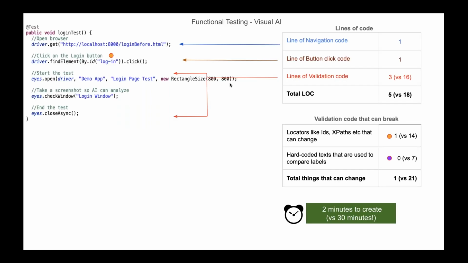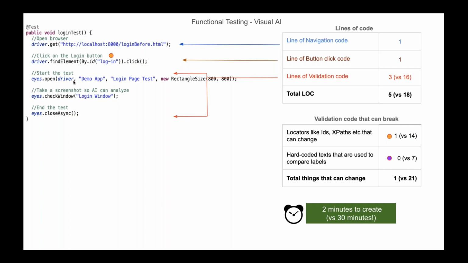So this is the code with the visual AI added to it. You're still using Selenium for navigation and button clicks, because we cannot do navigation using Applitools or any other tool. But you replace all your validations and use our SDK, which can take a screenshot.